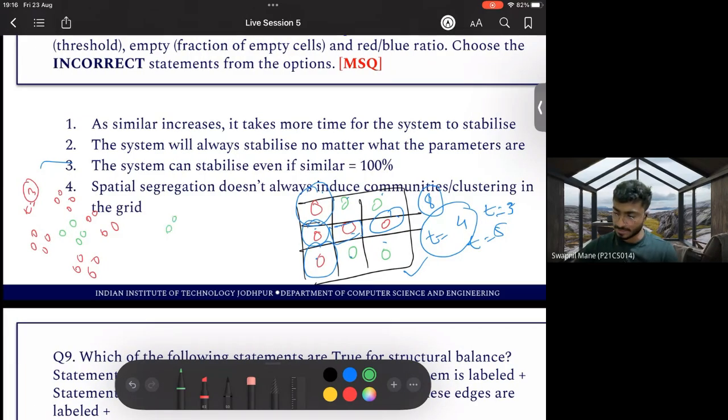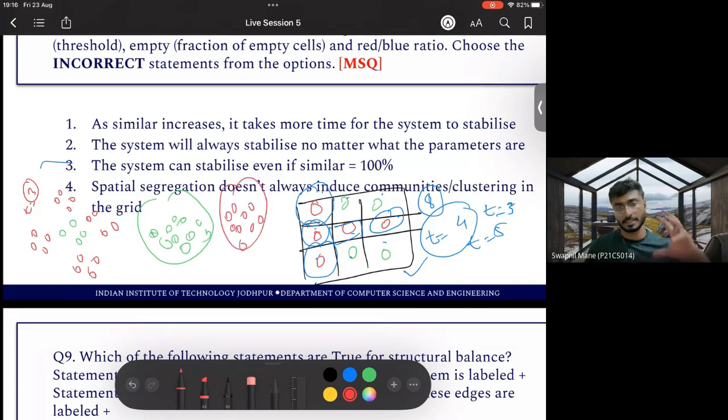Communities look like this: only one type of nodes are on one side, and the other node type is on the other side, and they make their whole network different, right? This is what a community or clustering structure looks like, right? But here you can see that t is equal to 3. This node has satisfied the neighboring equal to 3, right?